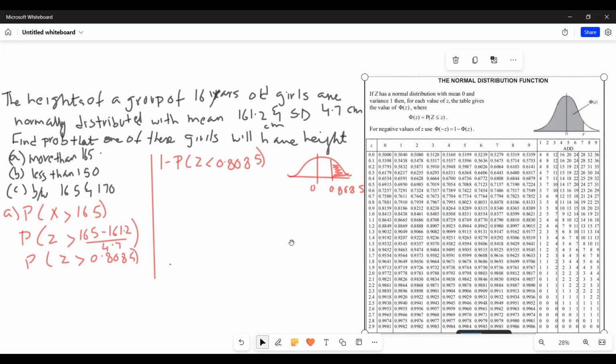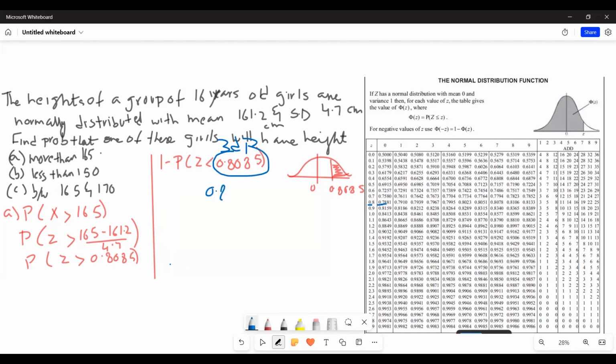For 0.8085, we have to find the probability. There's a problem here: this should be 3 decimal places, so 0.809, because the first value we read, the second value and the third value.